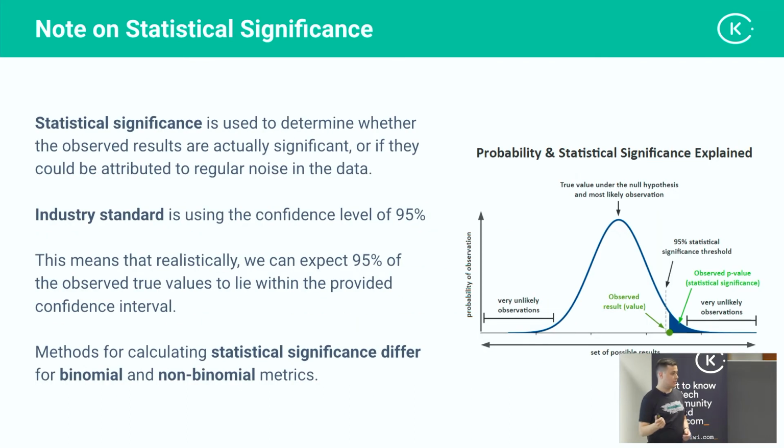Also, a note on statistical significance and why it's really, really important to whatever you're doing with A/B tests. Statistical significance, in short, is used to determine whether the results that you're seeing could be a result of just random chance in behavioral data, or whether there is actually something making a difference here. You can see this visualization here, and if any of you have had statistics in college, you probably covered this. What happens is, you start with a null hypothesis.